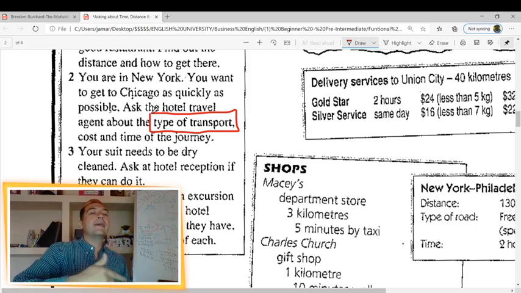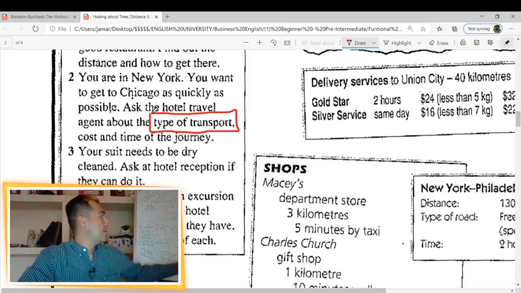You. The auxiliar isn't used. Take. Now we need the answer. What type? Taxi. Excellent. Okay. Repeat the answer. To go to La Paz, you take a taxi.